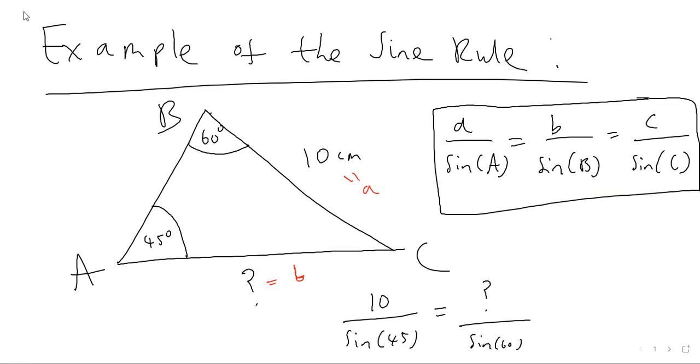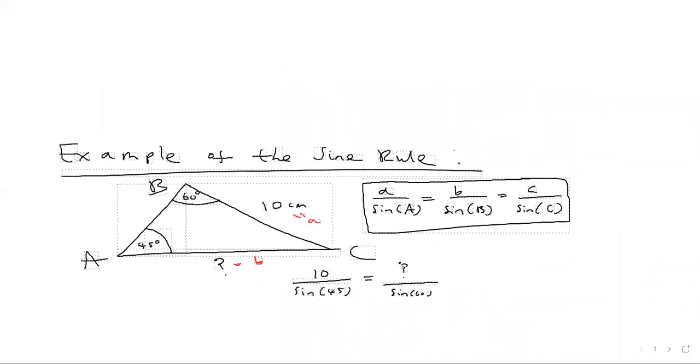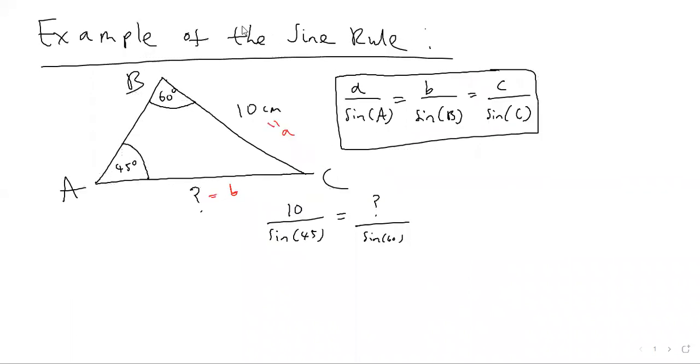Then what we can do is multiply both sides of that equation by sine 60. If we multiply both sides by sine 60, we get that this question mark, this AC length, we'll just call it AC, is equal to 10 times sine 60, all divided by sine 45.